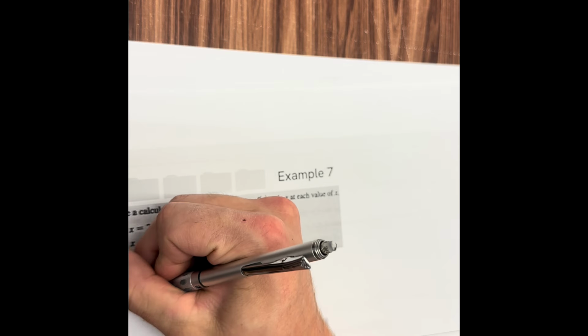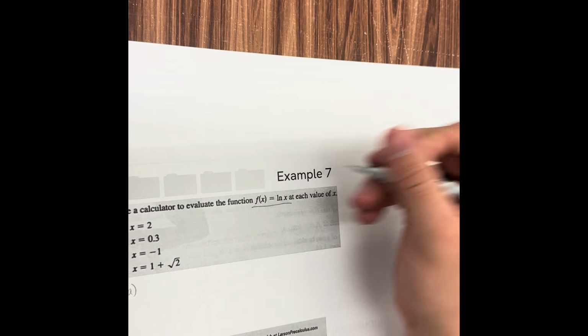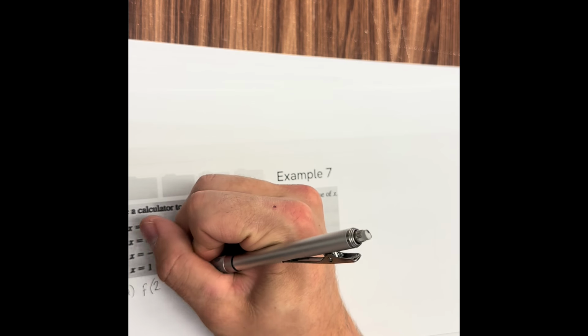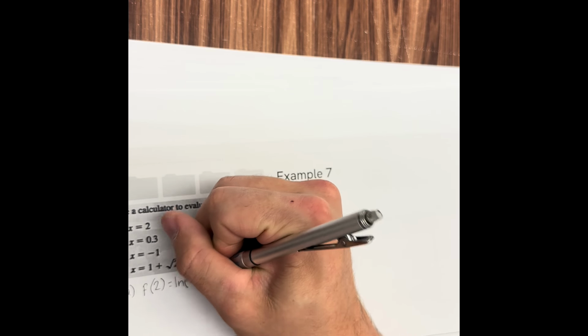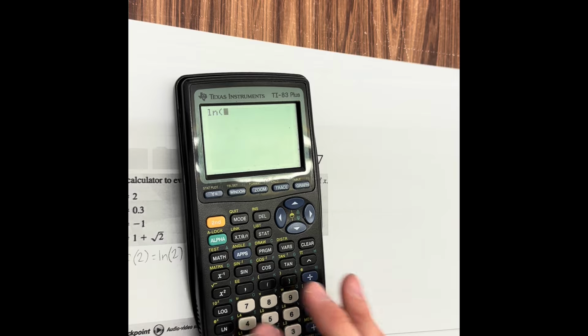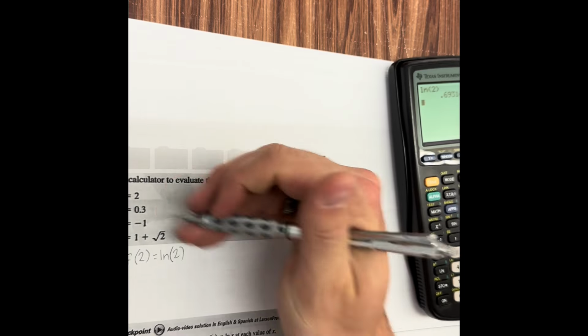Example 7, again, pretty easy. All all we have to do here is plug these values in for x. So f of x equals ln x, natural log of x. So f of 2 equals natural log of 2. Type that in. You have a button here for natural log. You just type in natural log of 2, which will get 0.693.